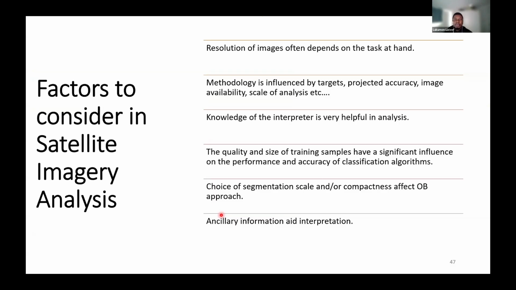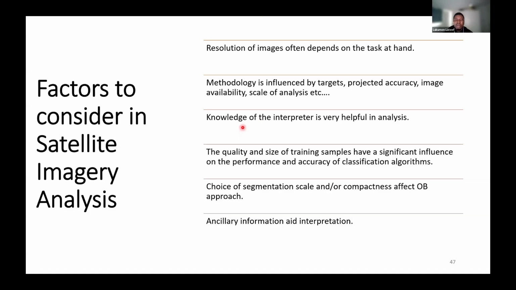If you want to perform vegetation analysis like crop type classification, you might need images with high spectral resolution, a high number of bands. Also the method may be object-based, pixel-based, unsupervised. It depends on several factors like the targets, the images that you have available, and the like.